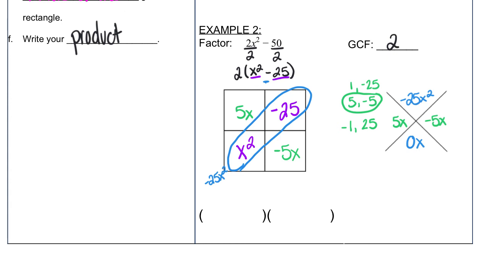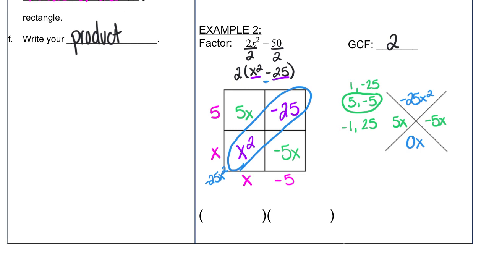And then lastly, it's to use my great mind and figure out how to find the factors, the outside of my generic rectangle. Again, I'm going to start in the bottom left. x times x is going to give me that x squared. x times 5 will give me 5x. And x times negative 5 will give me negative 5x.